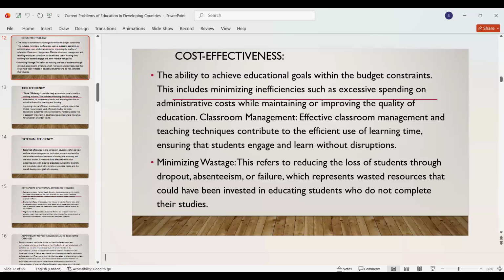So all of a sudden, if many students drop out, there is a cut in their budget. That's why they are highly interested in keeping the students with them. So, reducing absenteeism, dropouts, and failure, right?